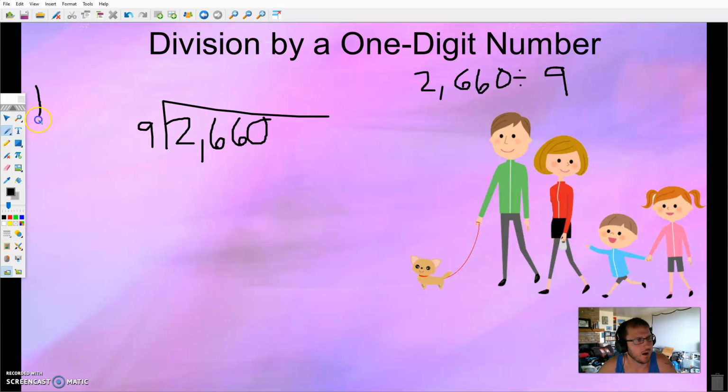Okay. Now, there's a little acronym, a mnemonic we use to remember this. Daddy, mother, sister, brother, rover.